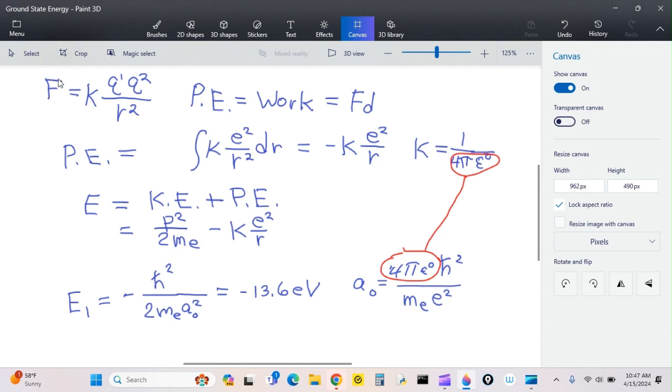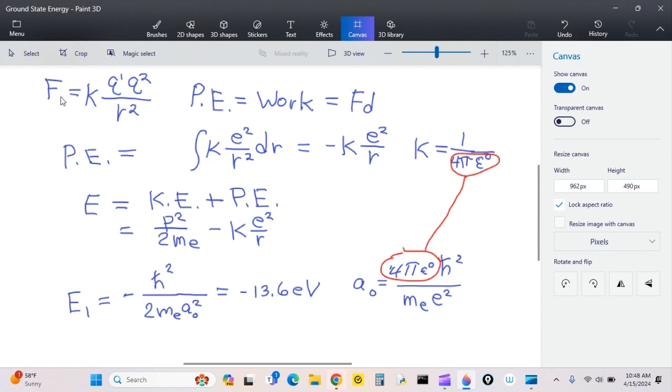Here's the force between a couple charges, Q1 and Q2 is the letters I'm using. Coulomb's law says, notice here in the denominator, here's the distance between those two charges. As the distance increases, since it's in the denominator, that reduces the force.